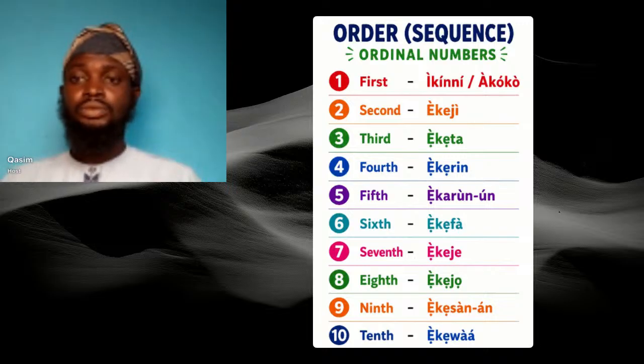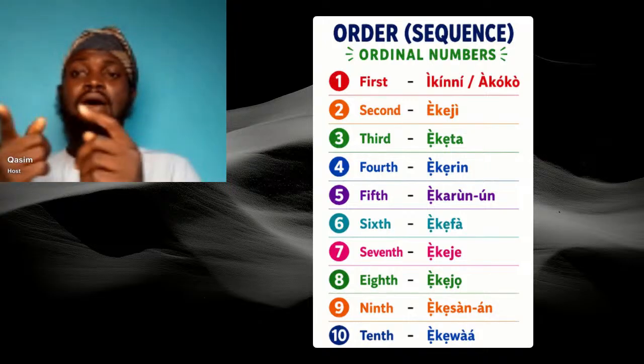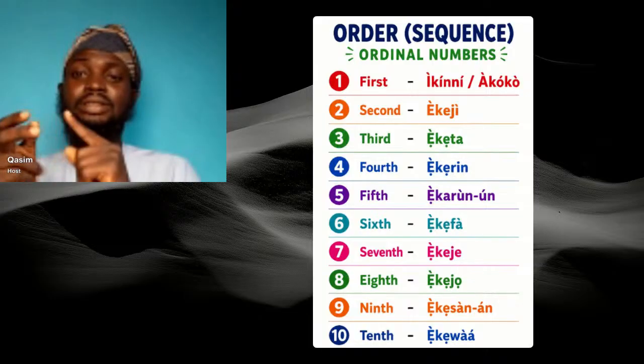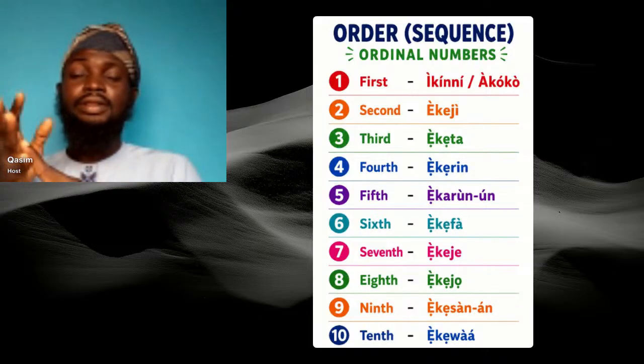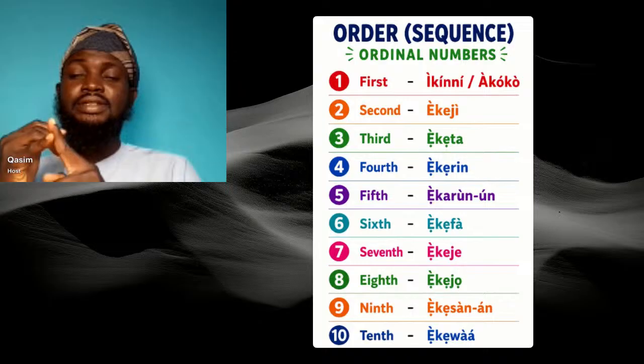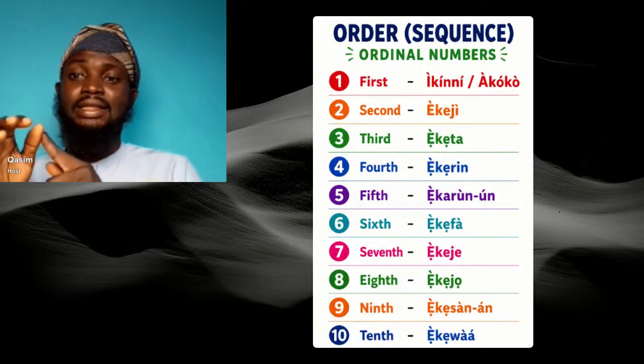Okay. So when we talk about order or sequence in which things happen, in this case we are saying first, second, third, fourth, fifth, sixth, seventh, eighth, ninth, and 10th.